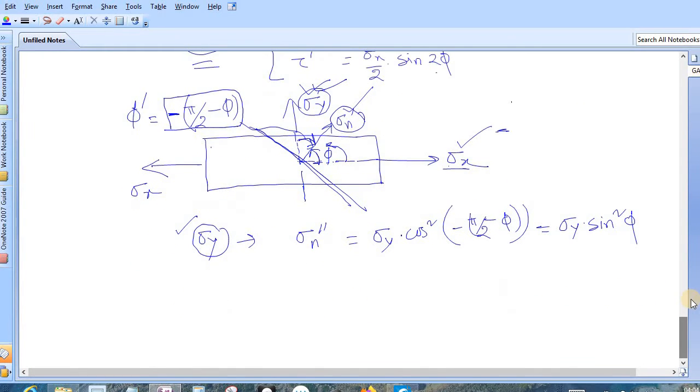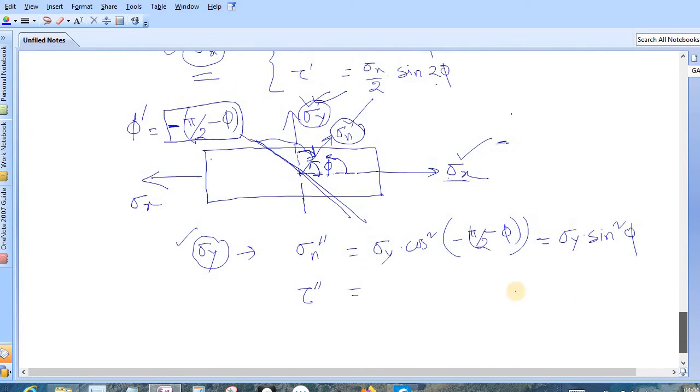And what about your tau? Let's denote with tau double dashed. So tau double dashed is coming as, let's see what was the formula for tau. It was sigma x by 2, so sigma y by 2, and sine 2 times phi, that is minus pi by 2 minus phi.